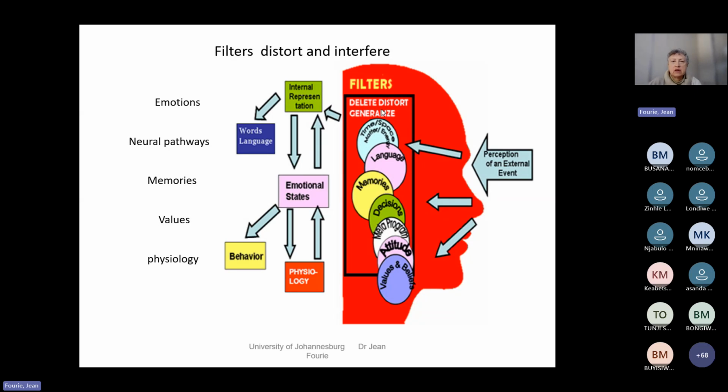And the kinds of filters are all these other aspects over here. What information will be processed depends on the time that we receive the information, the kind of information we're receiving, the language in which it is, and the language which we speak. Are we understanding the words and the language that we are hearing?